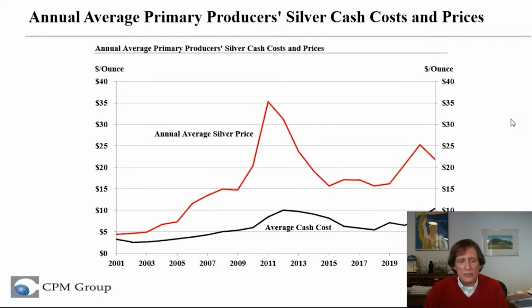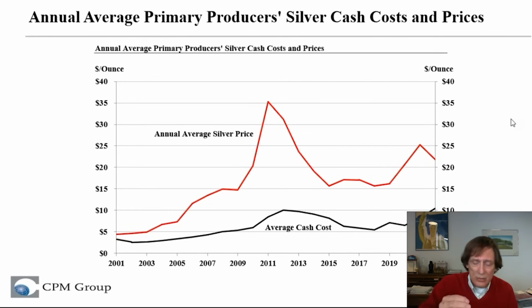But if you get to a situation, as we did in the 1990s, where the average price of silver was very close to the average cash cost, then the silver mining industry starts cutting back on its production much more severely, because you can cut your G&A, you can cut your administrative costs, you can scale back your exploration and development costs if the price falls, as it did from 2011 to 2015.